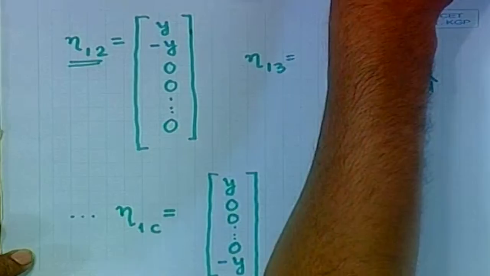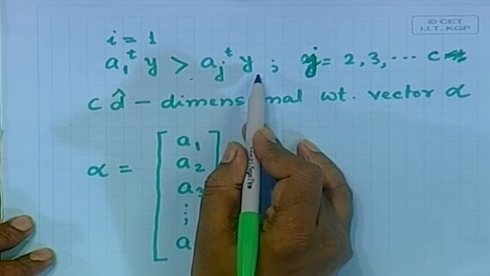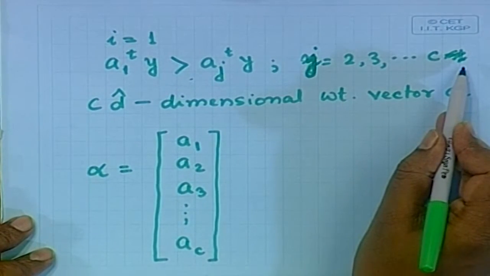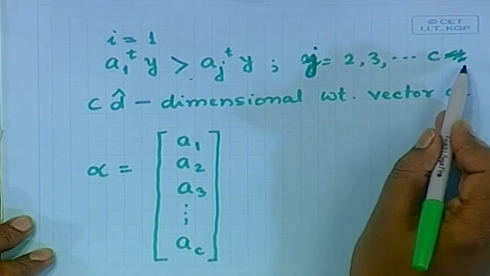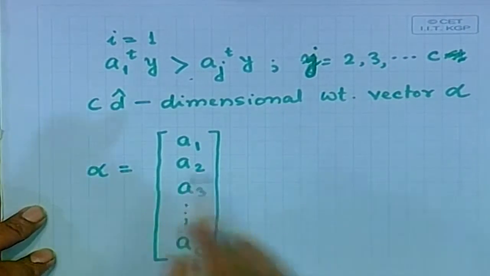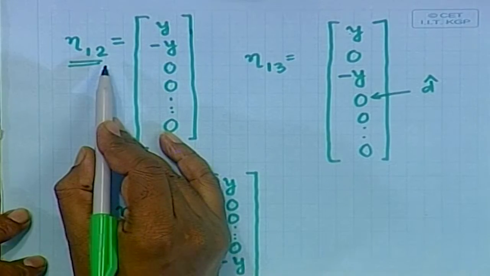So, this inequality that a1 transpose y greater than aj transpose y for j varying from 2 to c is equivalent to saying that alpha transpose eta 1 2 is greater than 0.